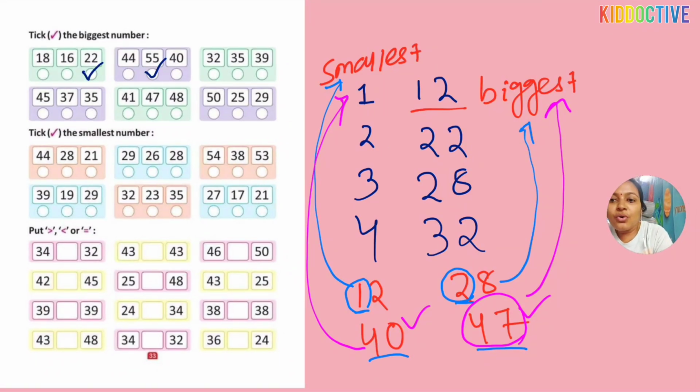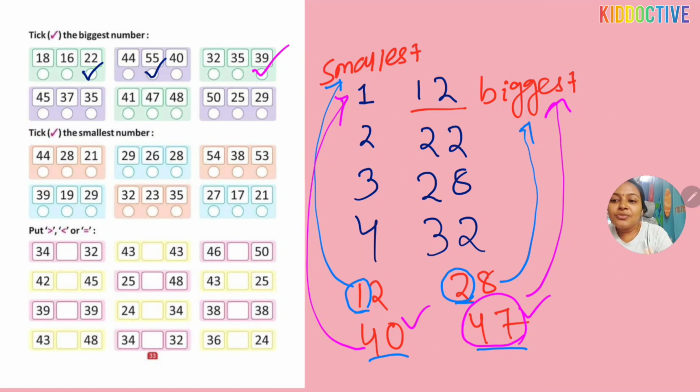Now coming to the question, can you tell me 32, 35 and 39. Which number is the biggest number in between these three? The numbers are starting with 3. So we will check the next number 2, 5 and 9. Which one is more? 9. So 39 is the biggest number.